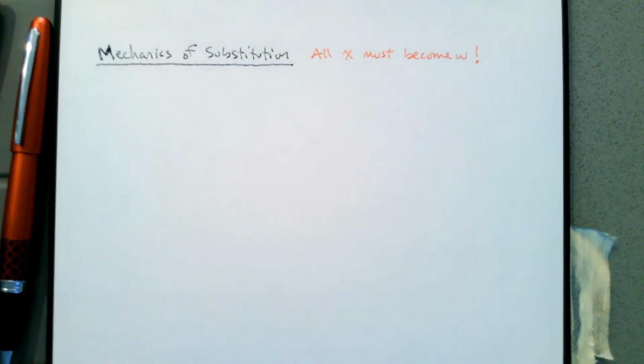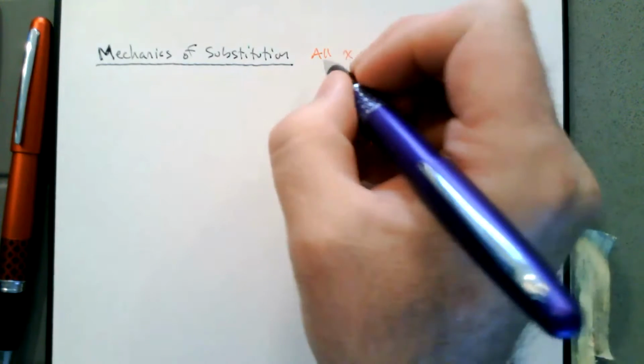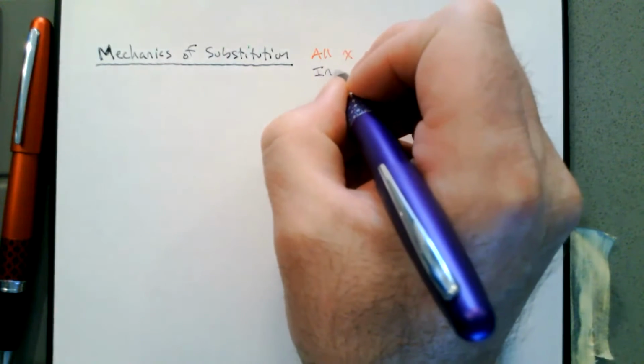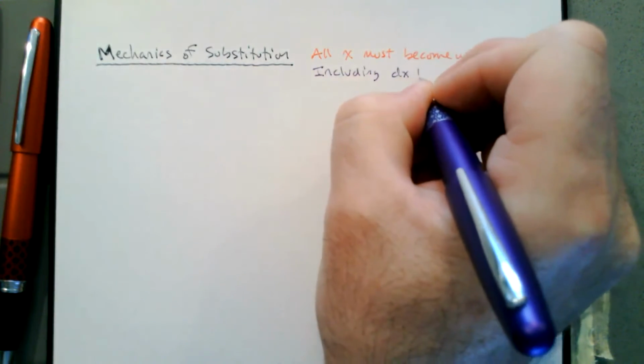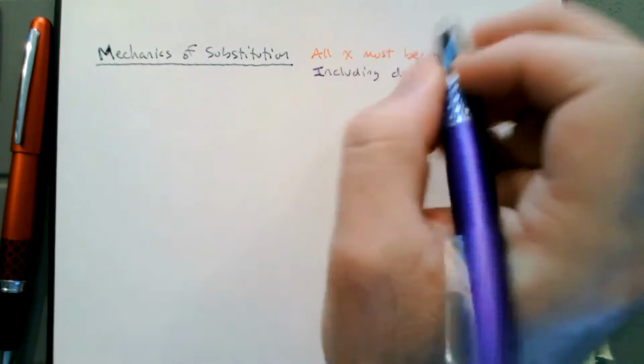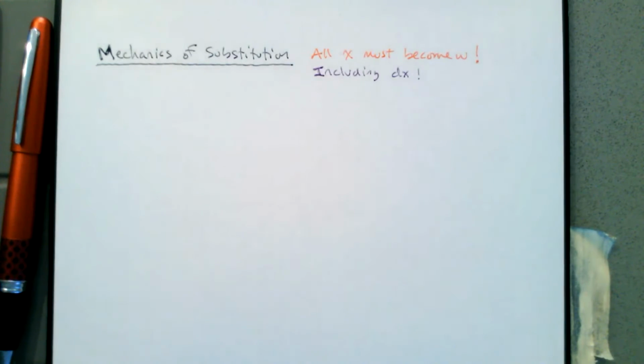We've got to make sure all the x's become w. This is including the dx. That's going to be one of the x's that we need to replace, the one that has the dx attached to it.